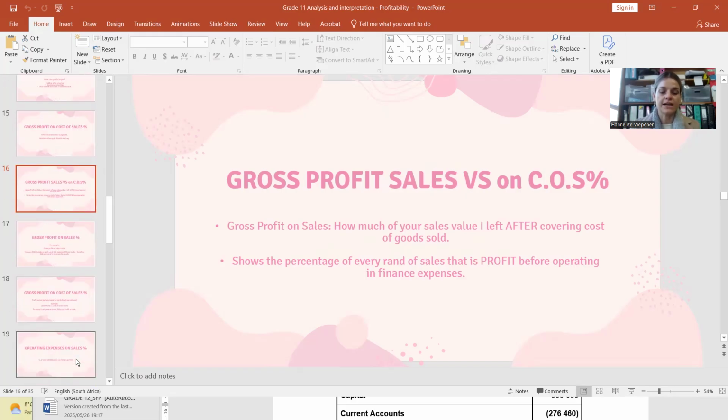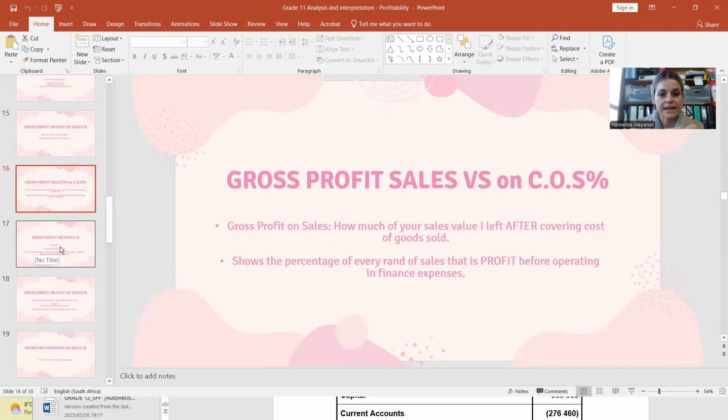So how do we now look at, we have gross profit on sales, but we also have gross profit on cost of sales. So when we're looking at the gross profit on sales, we are looking at only my profits and my goods sold. How much do I have left of my selling price after I've taken into account the cost of the goods? So this shows the percentage of profit before looking at operating expenses or finance expenses.